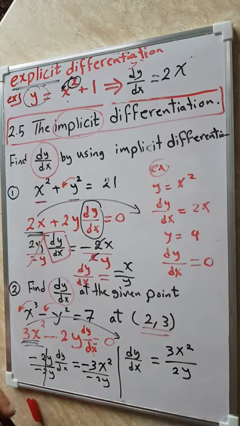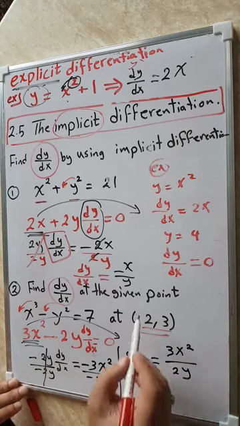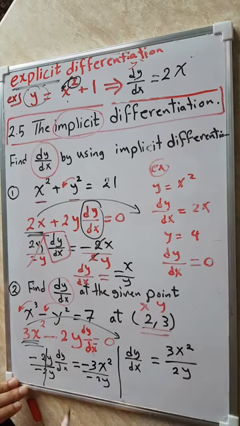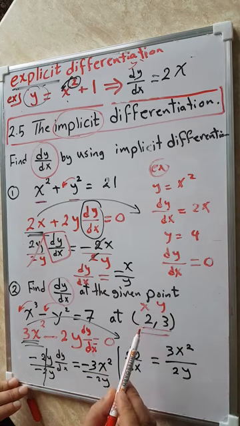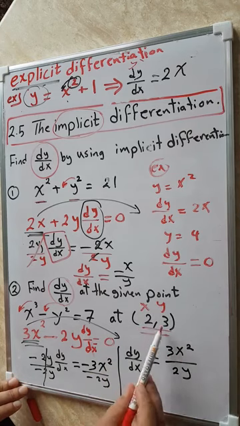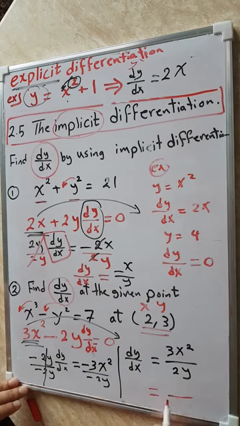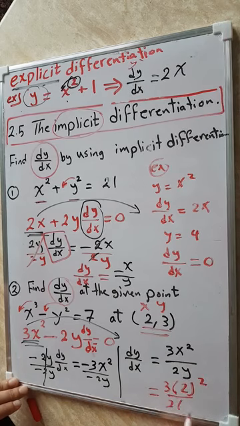At this point, which is (2, 3), we know that the ordered pair is x and y. So here we can replace x and y. X, I replace it by 2, y, we replace it by 3. So it will be 3 times x, which is 2, so 2 to the power 2, over 2 times y, replacing y by its value, which is 3.